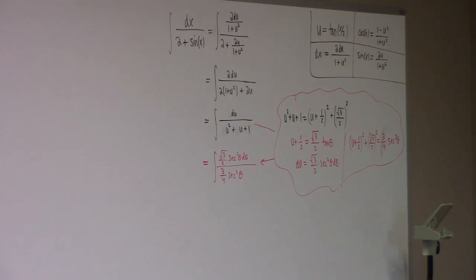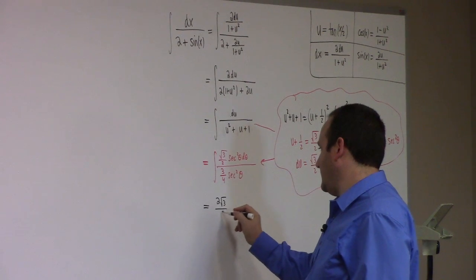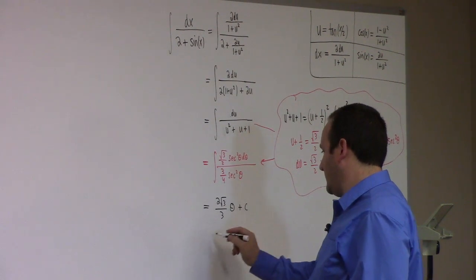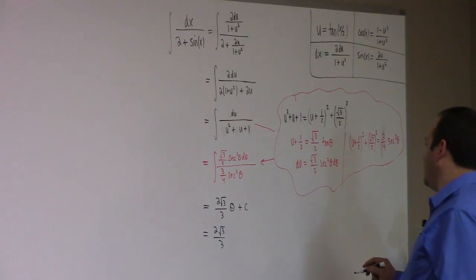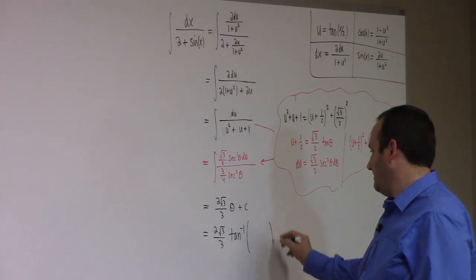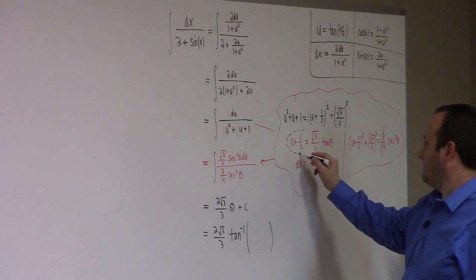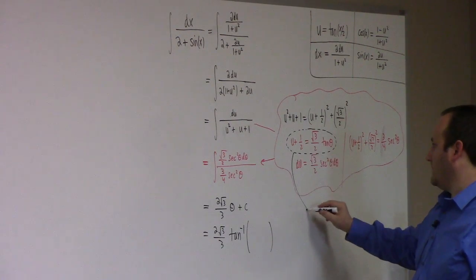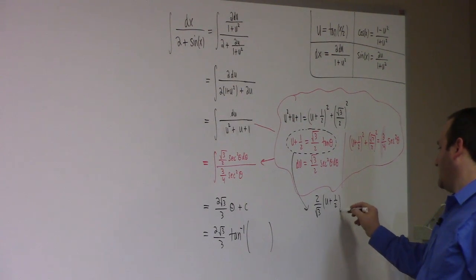So it's a little bit different than the cosine integral we did, but not too different really. So what do we have? 2 root 3 over 3 theta plus a constant. In other words, 2 root 3 over 3. Solve for theta, what do I have? I've got inverse tangent of what? See this right here? That gives me 2 over root 3 times u plus 1/2 equals tangent theta, right?